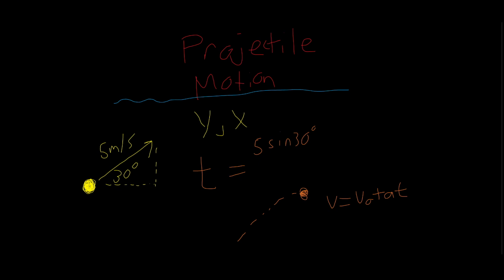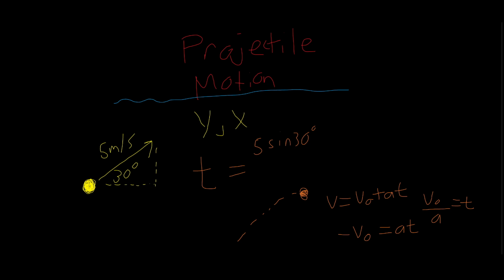Then we can determine that negative v naught is going to be our change in velocity, equal to at, which would mean v naught, we're going to turn this to positive, v naught over a is equal to the time. So this time is going to be the time that it takes for this ball to reach its maximum.